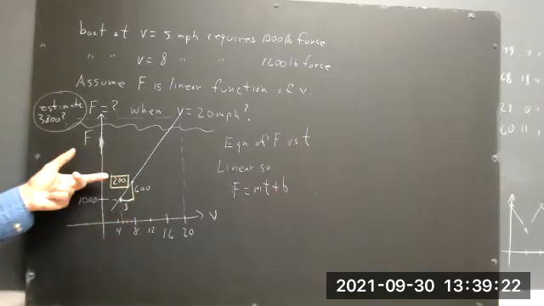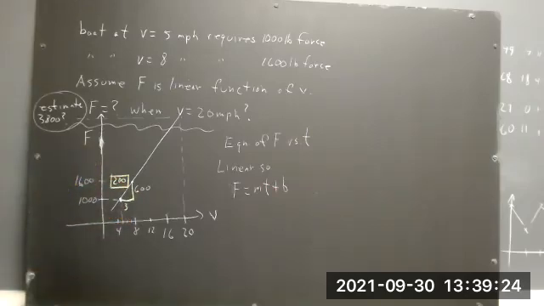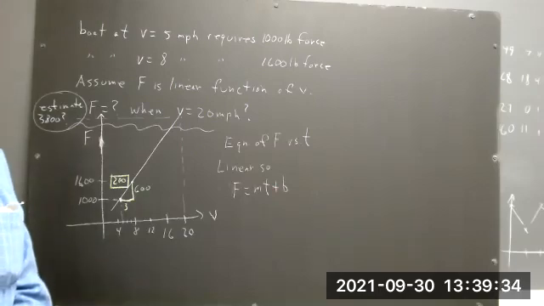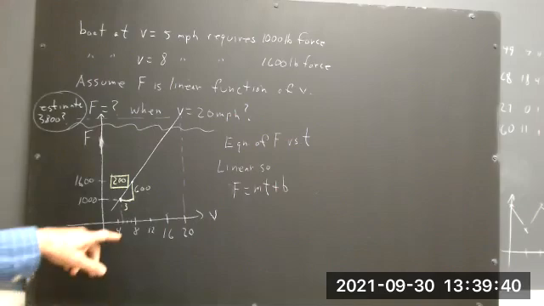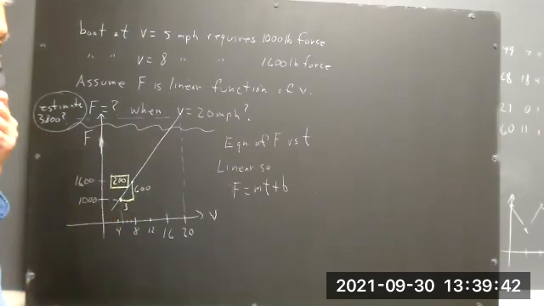I would expect you to put in the details. One good reason for doing that is if you put in the details and screw up one little thing, but you have all the details and your procedure's right, then you're going to get more partial credit on a test. Okay, so anyhow, now we know that M is 200.